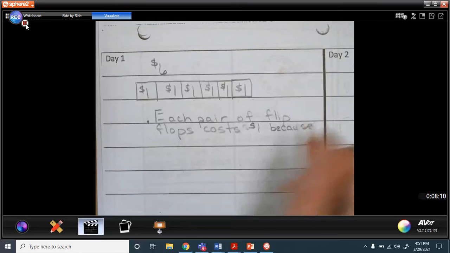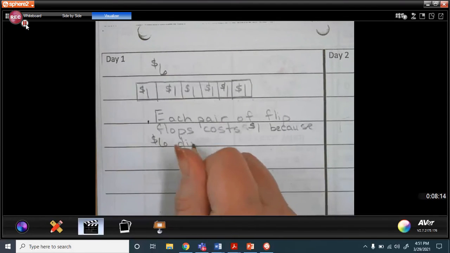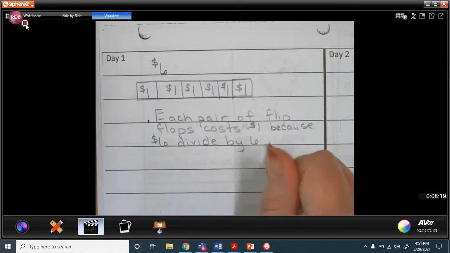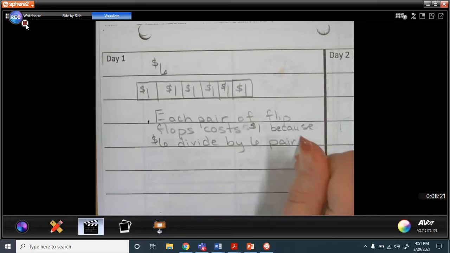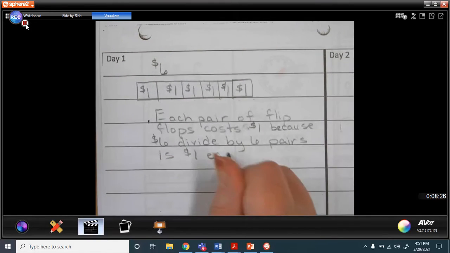Because $6 divided by 6 pairs is $1 each pair.